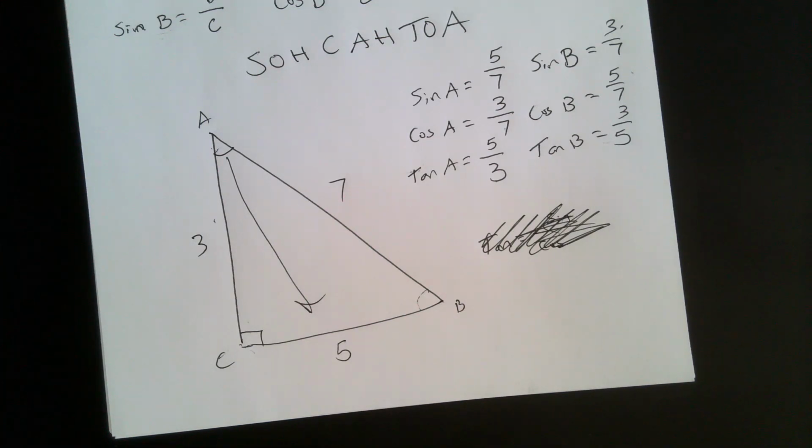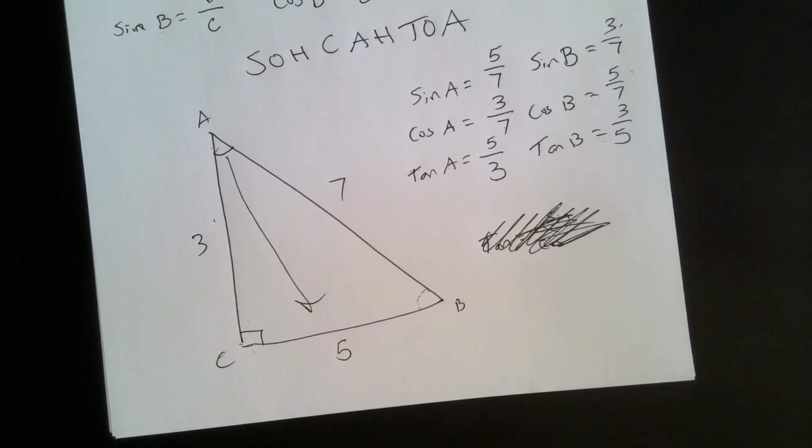So good. Cosine is adjacent over hyp. Tangent, over adjacent, and I'll say so good.